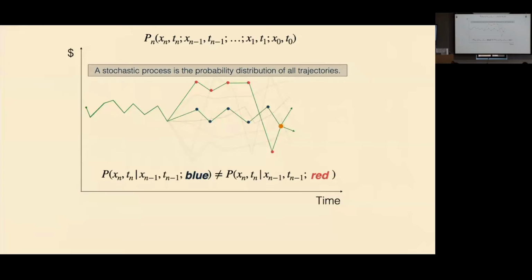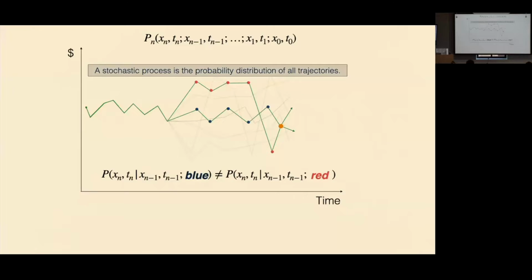Now, there are some nice properties it has. We could have an instance where we might have two possible trajectories over the next few time steps, and then the price of the stock goes to some particular value on both of these trajectories. And now we might want to ask, where does it go next? Does it go up or go down?